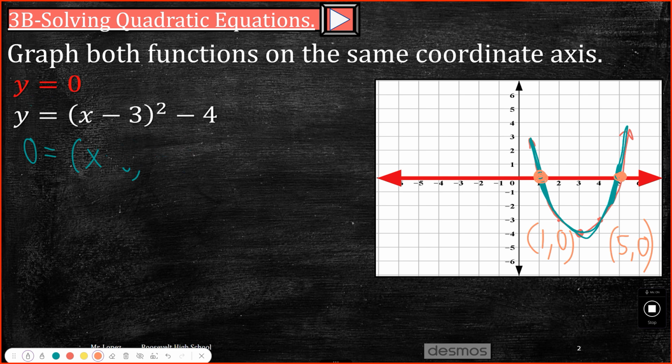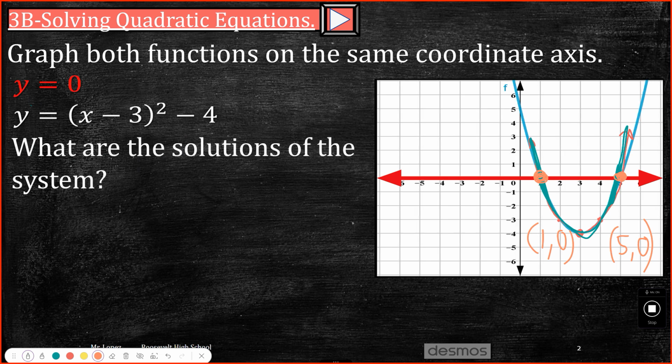So these are the two solutions of the system. When it asks what are the solutions of the system, the solutions would be the points where they cross each other, and that would be at 1, 0, and 5, 0. So that is the big picture, the big idea of solving quadratic equations.